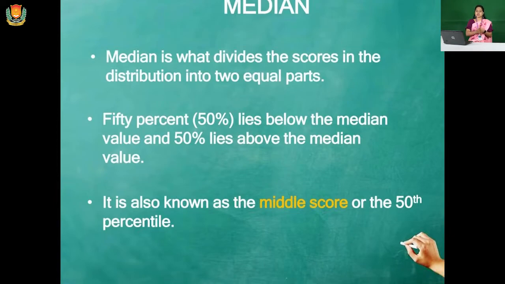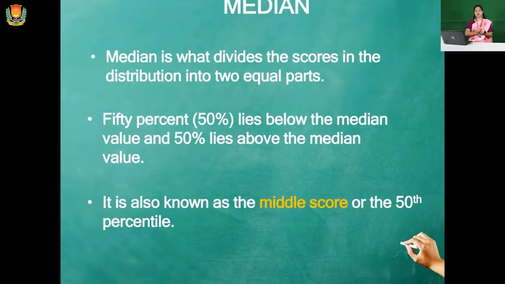The median is basically the midpoint. It divides the scores, or the data, into two equal parts, and by that you get the mid value. For example, 50% will lie to the right-hand side and 50% to the left-hand side, because the mid value cuts your data into two equal parts.